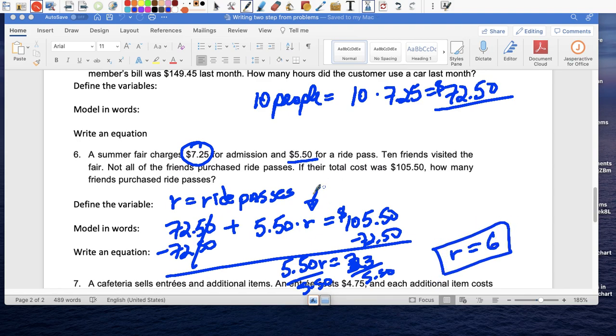So we spent $72.50 on admission, and with a total of $105.50 we were able to afford 6 passes. 6 times 5.50 is $33, and $72.50 plus 33 equals the total amount.